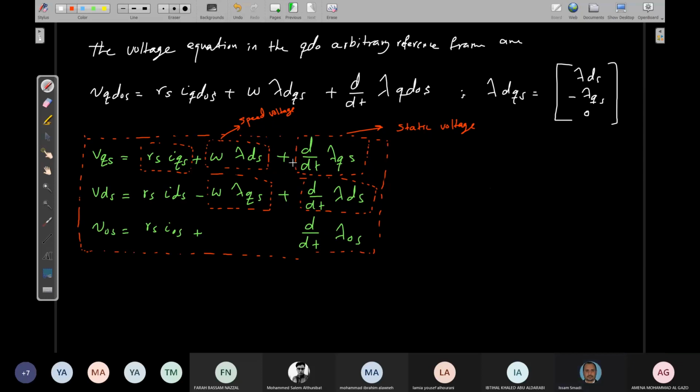So until now, this is the arbitrary reference frame, which means that until now, omega is unspecified. That's why we call this one the arbitrary reference frame.